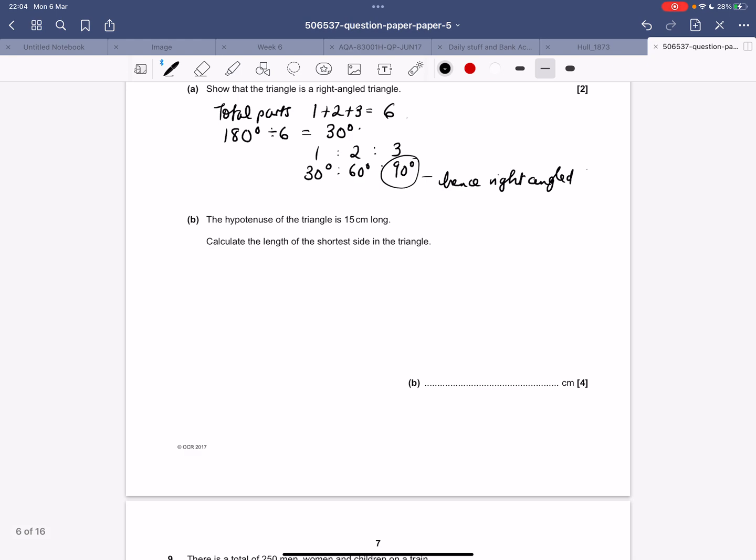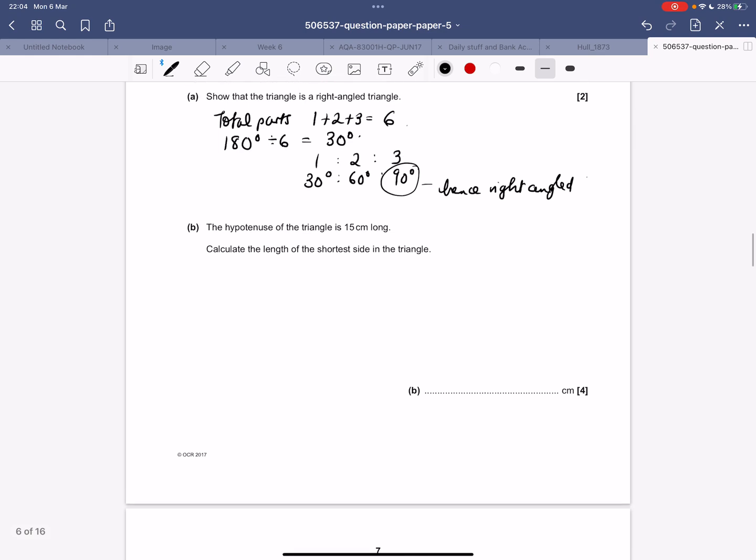The hypotenuse is 15 centimetres long. Calculate the length of the shortest side. So we've got 15, and then we've got an angle of 30, an angle of 60 degrees, and an angle of 90. The shortest side is going to be opposite the 30 degrees. So it's opposite and we've got the hypotenuse.